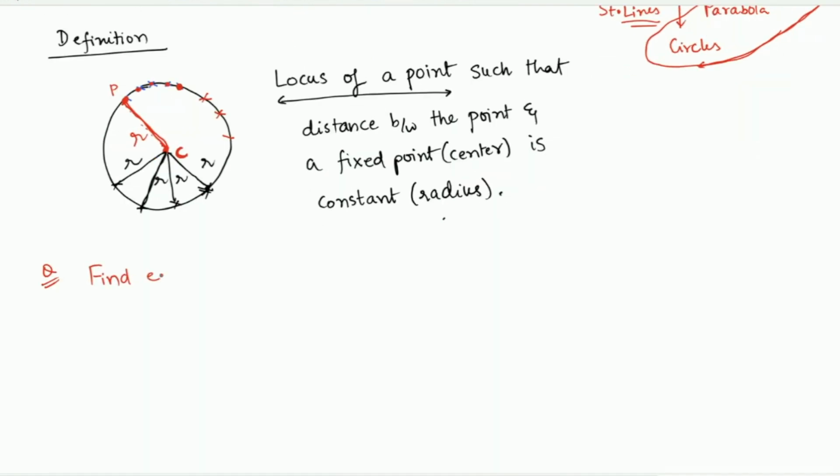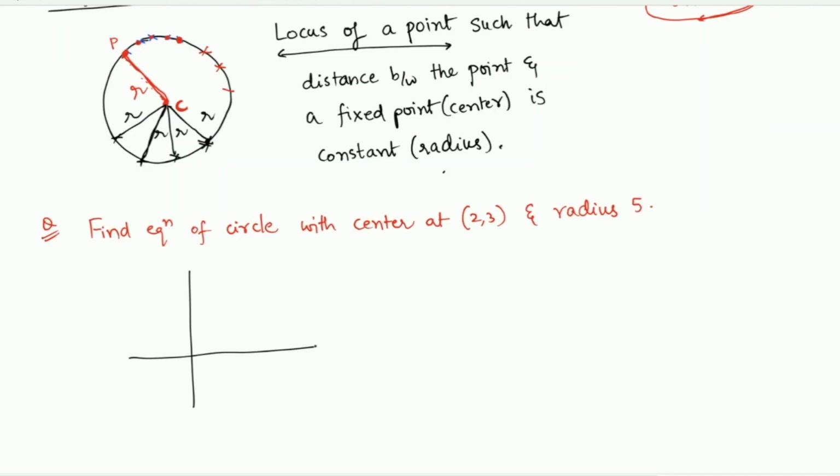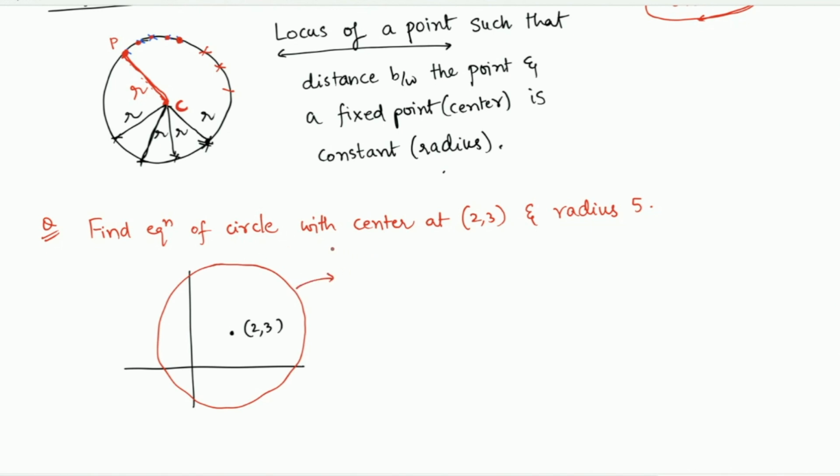Find the equation of the circle with center at (2, 3) and radius 5. With center (2, 3) and radius 5, we have one circle, right? Let's say it looks like this. We have to find this circle's equation.